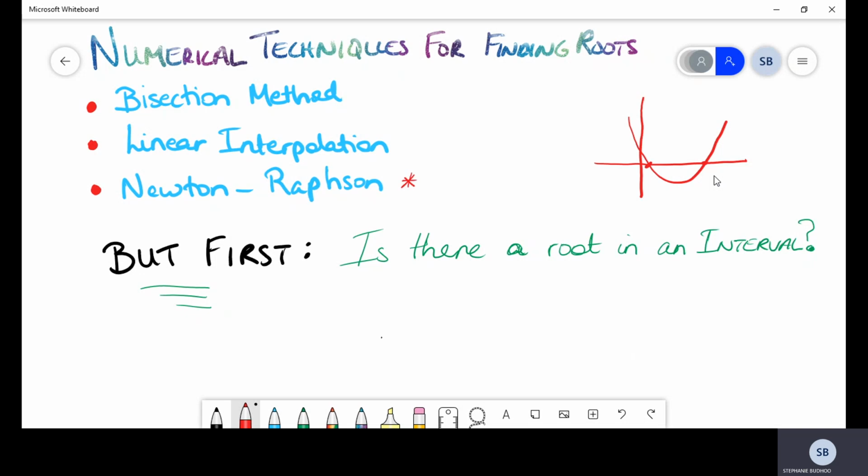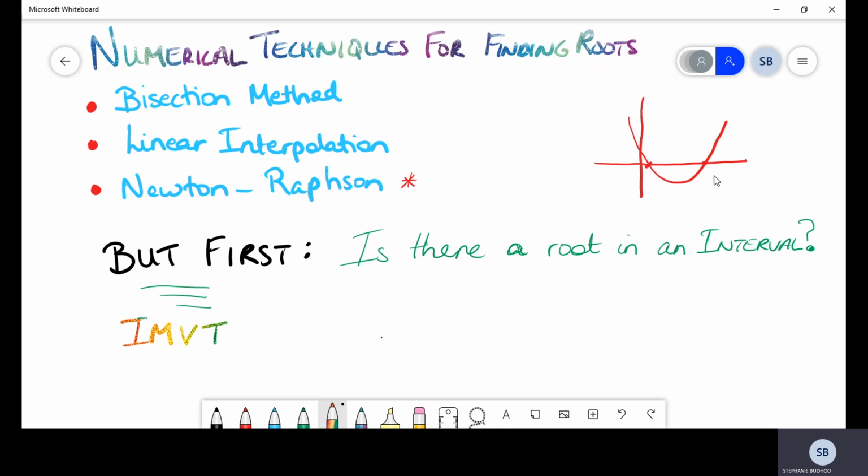Now, before you can use these methods to find your root, you have to be able to determine: is there a root in a particular interval in the first place? There's actually a method called the IMVT method, and this is used to determine if there even exists a root in a particular interval.